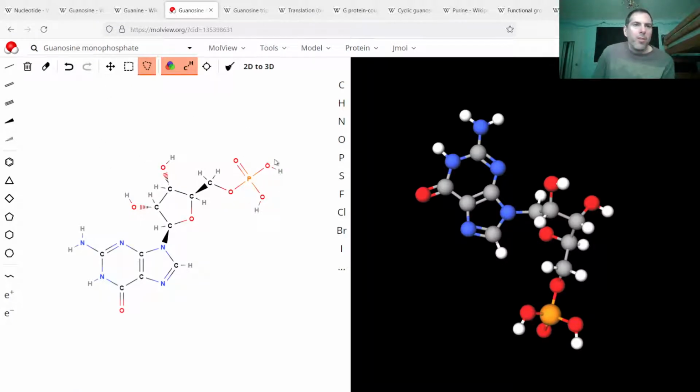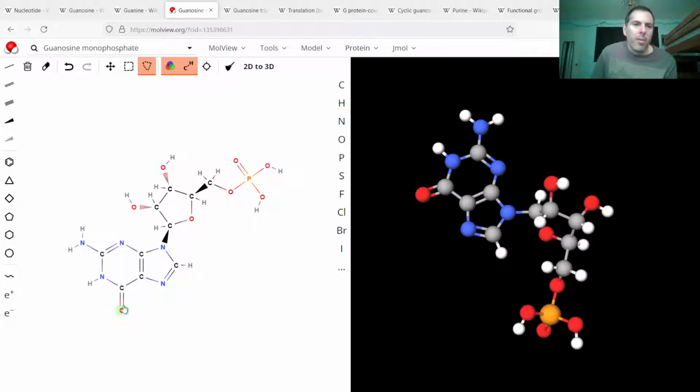So I already searched for it here on MolView. You can see the ribose 5-carbon sugar here with this carbon. The nitrogenous base over here, which is guanine.